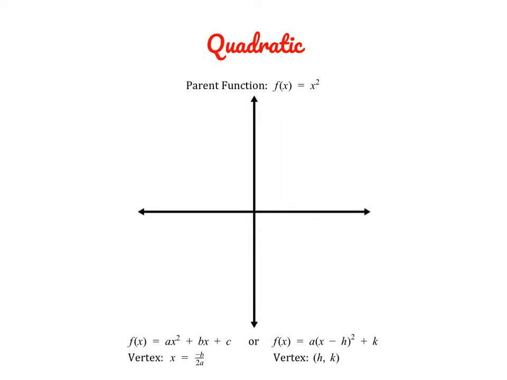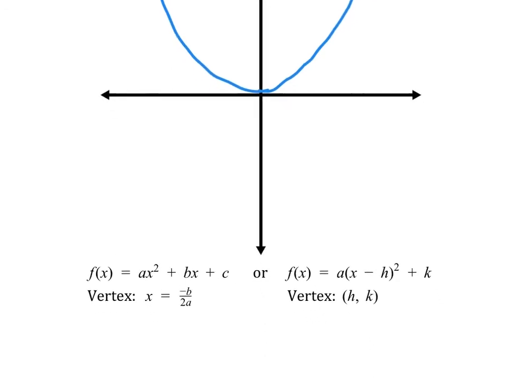For a quadratic function, this is also one that we've done a ton this year, so it should be very familiar. Of course, it is a parabola with a vertex at the origin for the parent function. However, depending on the transformations, your vertex might shift along with other things. So you should be very comfortable working with both the standard form or the vertex form of quadratic functions.